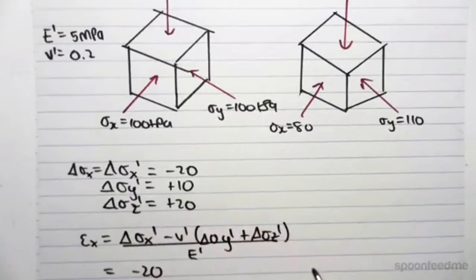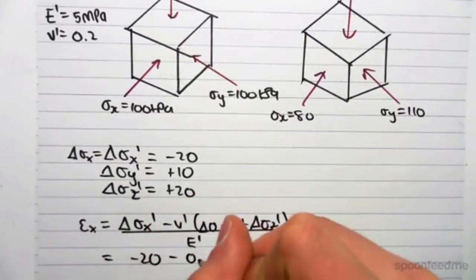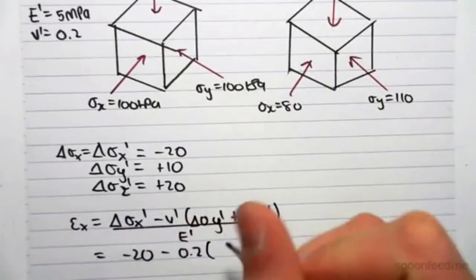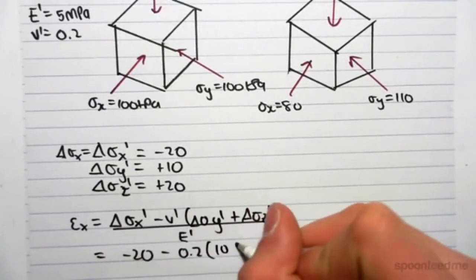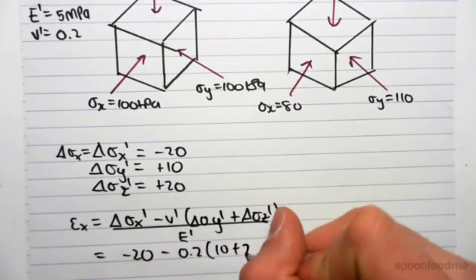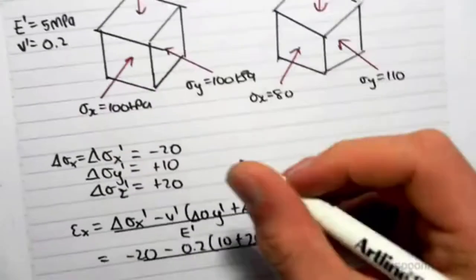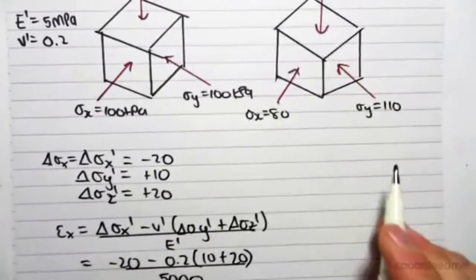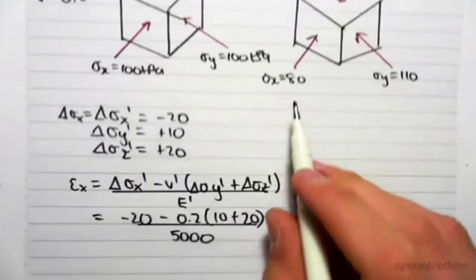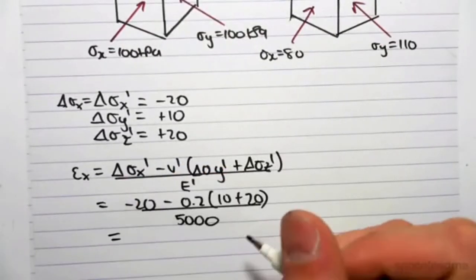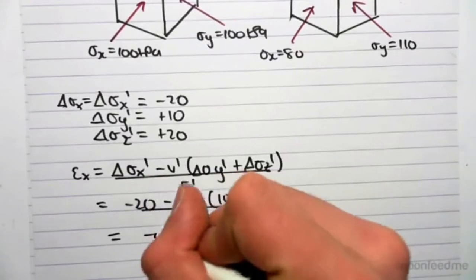This would be minus 20 minus 0.2, which is V dash, outside of the change in Y dash, which is 10, plus the change in Z dash, which is 20, all over E dash, which is 5 MPa. Keeping in mind we have to change that to kPa, because all our values are in kPa. If we were to calculate this, we would get an answer of minus 0.0052.